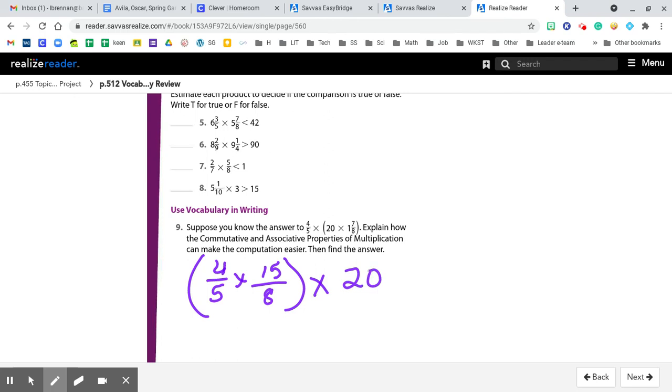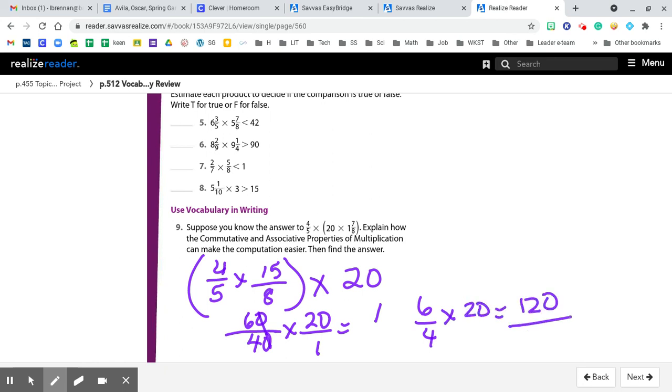So 4 times 15 is 60 over 40, times 20 over 1. What was I doing here? 60 over 40 times 20 over 1. I can actually reduce that to 6 over 4 times 20 equals 120 over 4, which will equal 30.